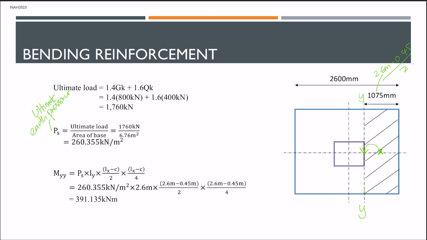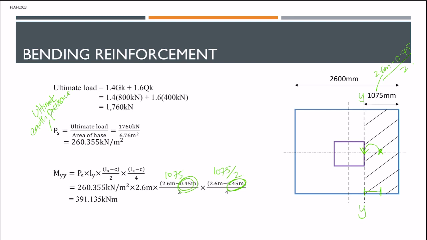So separuh daripada that 1075 ni lah. 1075, ini 1075 bahagi dengan 2 ini sebenarnya. So saya dapat 391.135 kilonewton meter.